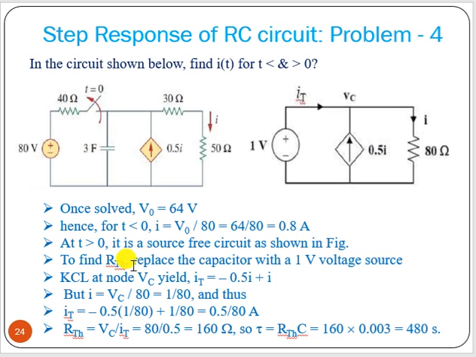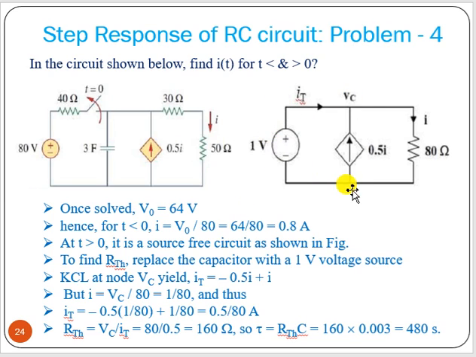So at t greater than 0, you have to find out RTH. At this node, what we can write, this IT equal to, this is entering, this is leaving, so we can write 0.5 minus 0.5 I plus I. Now I is nothing but VC by 80, where VC is nothing but 1 volt.